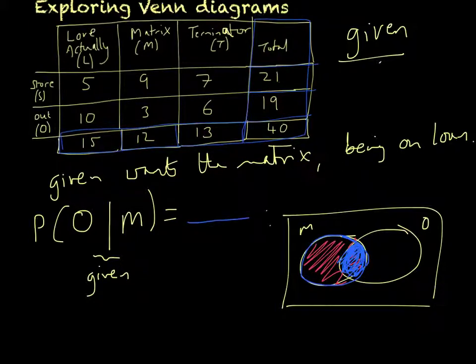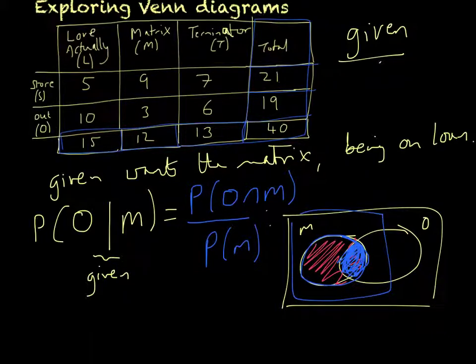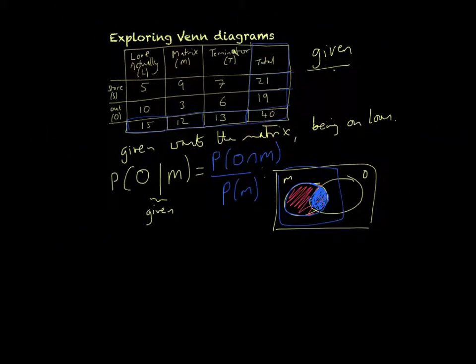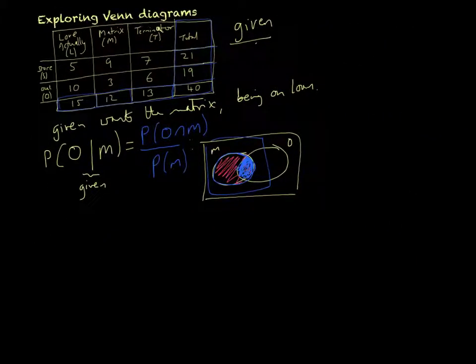So perhaps you can see that we are taking the proportion of it being on loan and being the matrix over the entire probability of being the matrix, i.e. we're zooming in on this square. In a way, I could write my sample space again.